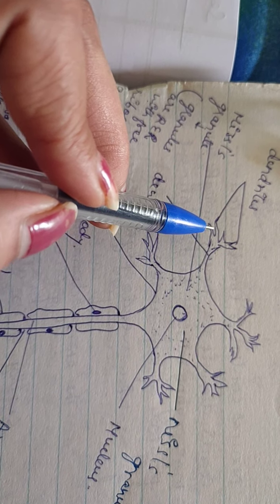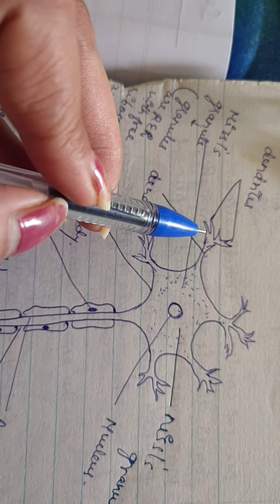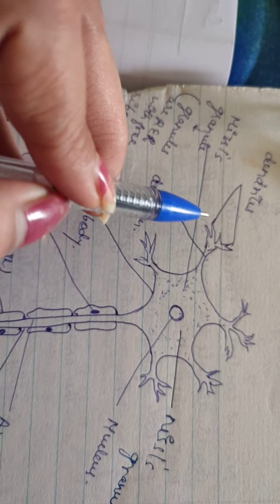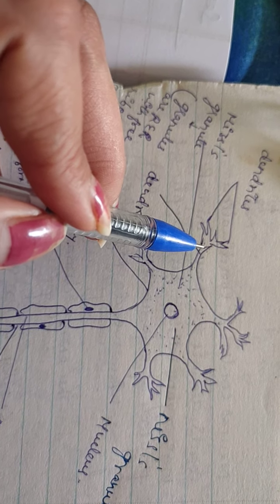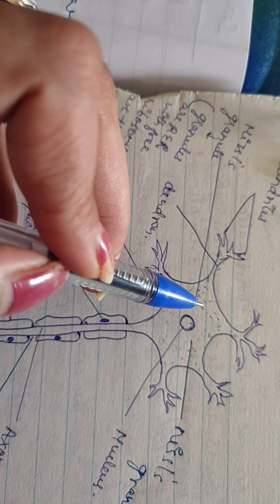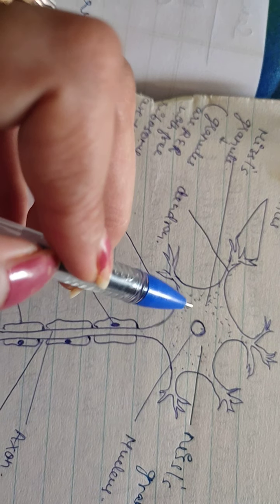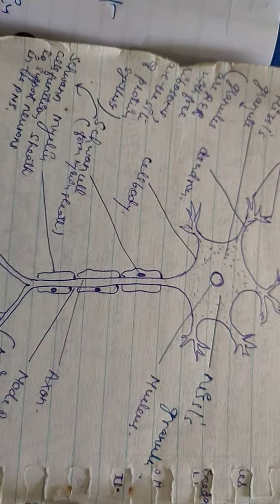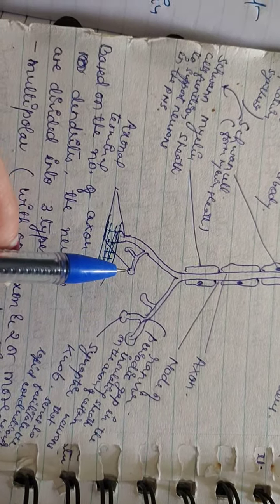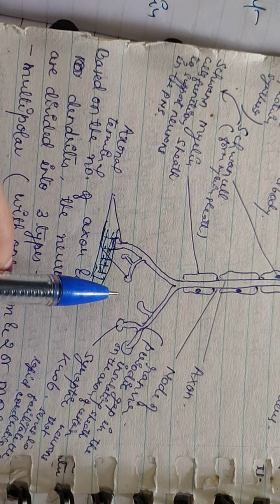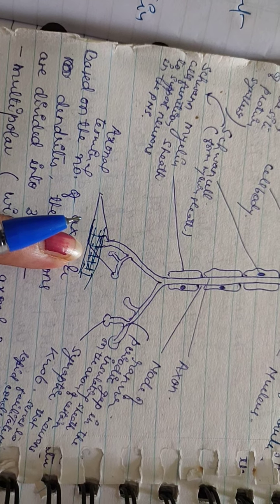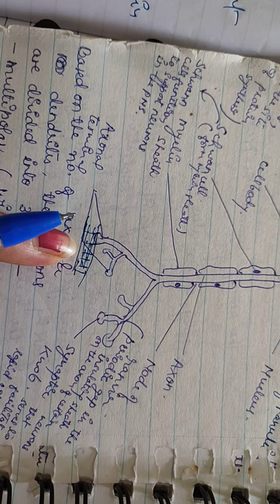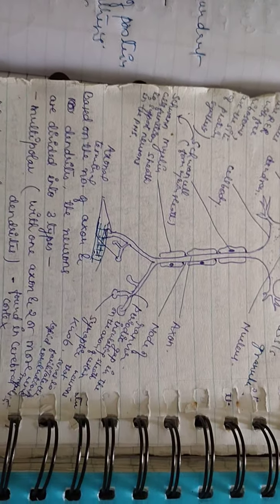This is the dendron, this is the dendrites, and they carry the impulse toward the cell body, as I told you earlier, that they are the receivers and they carry the information to the cell body. So this is all about the neuron, and this is the end plate or axonal end or nerve ending, and this is associated with the effector muscle. So this is all about the structure of the neuron.